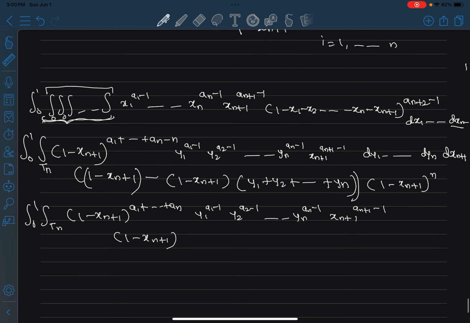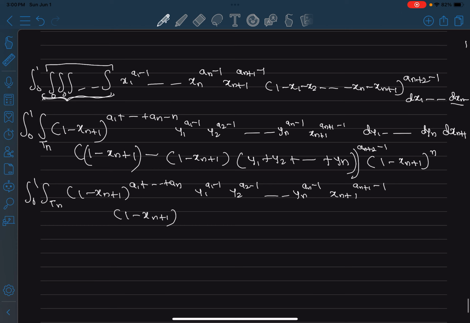This also had a power an plus 2 minus 1. So if I take it common, this will also have power an plus 2 minus 1. And there's this 1 minus y1 minus y2 up to yn to the power an plus 2 minus 1, right? Okay, they're finally good. And then there's this dy1, dy2 up to dyn, and then there's this dxn plus 1.